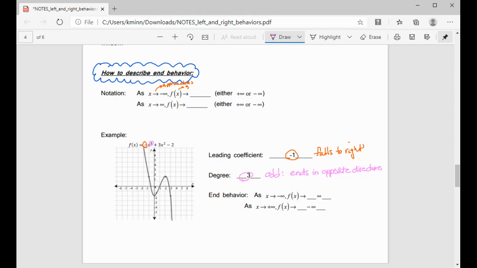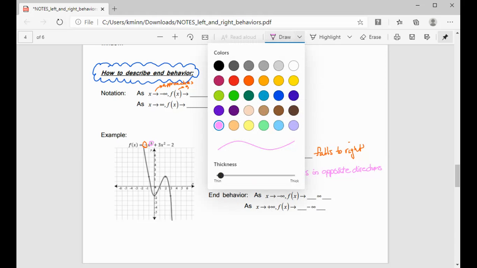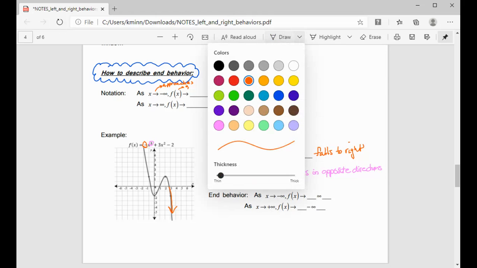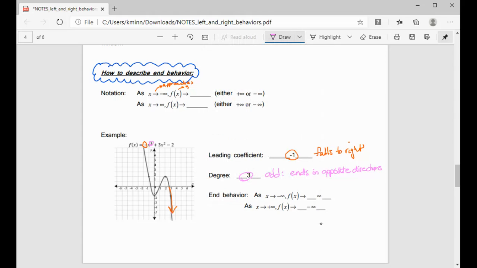So as we first go to graph this, we can see that this definitely falls to the right. Because it's negative, it falls to the right. And because it's odd, if we're going down on the right, we have to go up on the left. What does that mean?